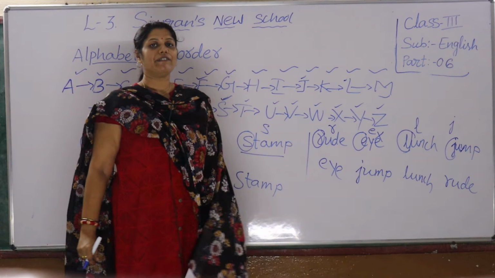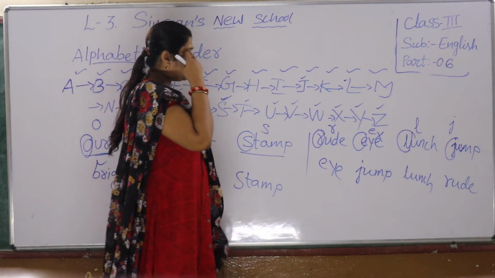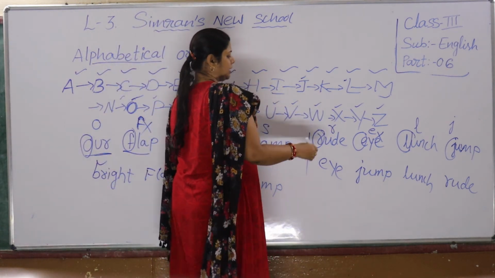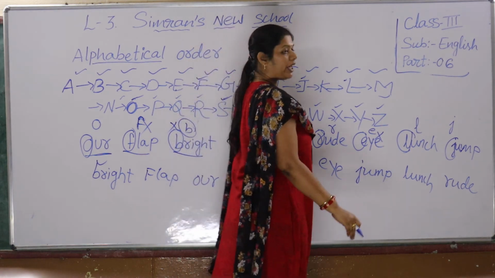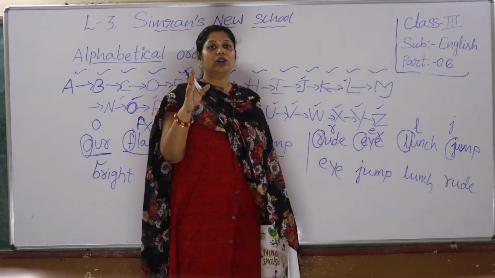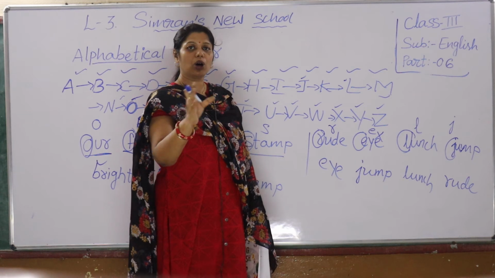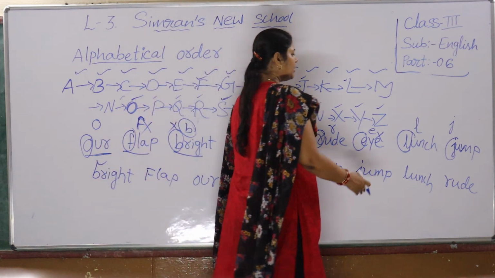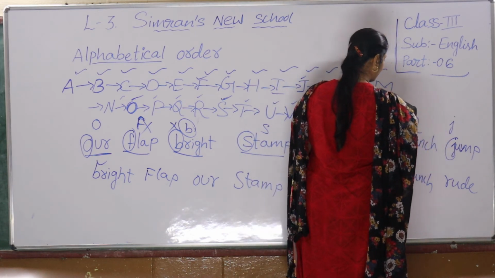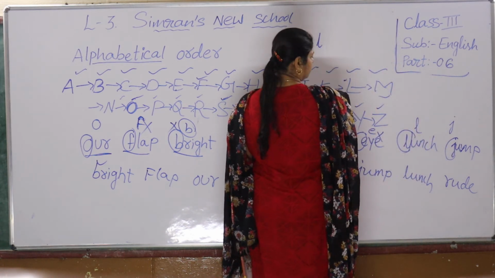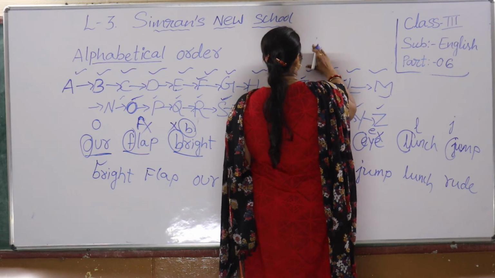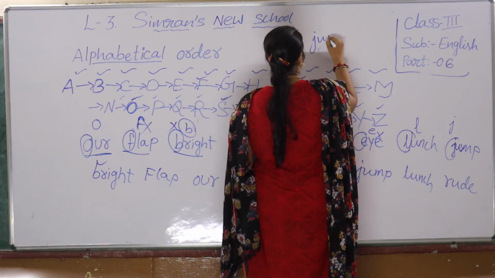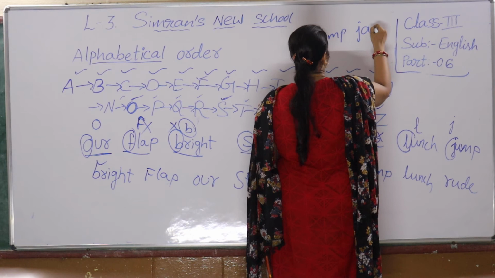Suppose we have similar letters, the same letters. Then what will we do? For those two words we go for the second letter. For example, here see, jump, jack.